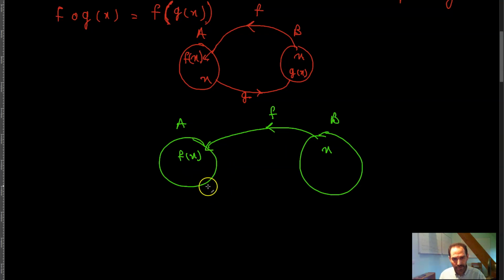Now G goes from A to B, and it is the inverse of F. So that means that if I calculate g of f of x here, that is going to be equal to x.